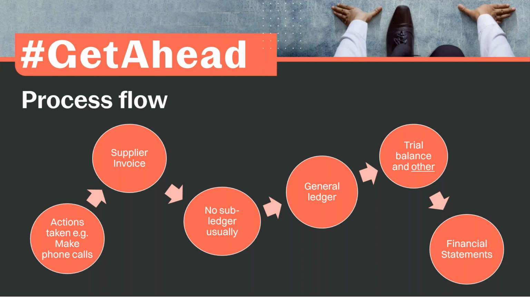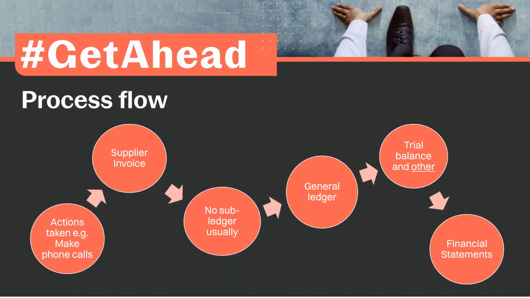The financial statements come from the trial balance and other information such as loan terms, which you'll get out of a loan agreement, or securities provided to the bank, those sorts of things. The trial balance is obviously giving us our numbers that are going into the financial statements. The trial balance comes from the general ledger, which is basically the listing of all the transactions that have gone through the entity.